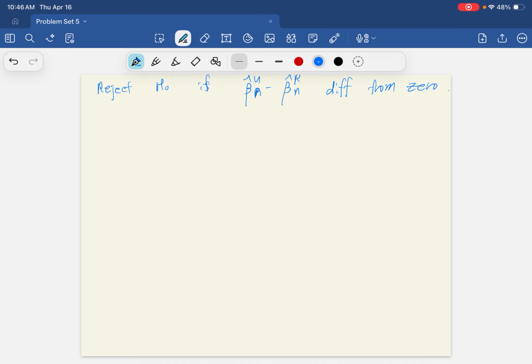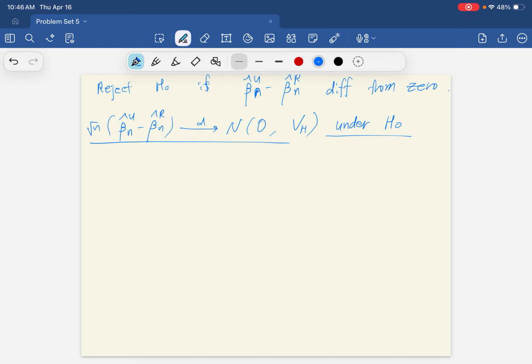Then how do we do this? The idea is the same. We are going to find their null distribution, say V Hausman. Under the null, if H0 is true, we would like to show that the difference converges to a normal distribution.